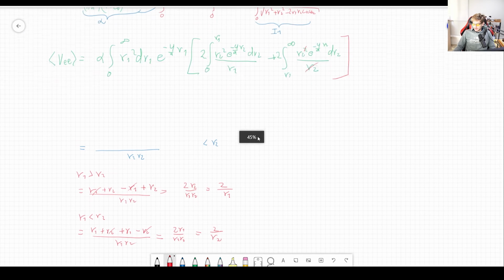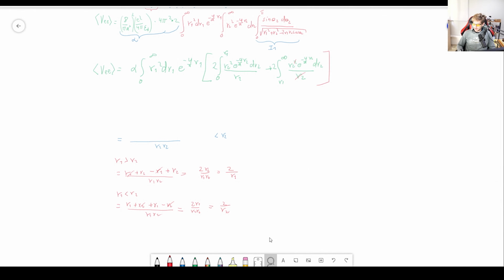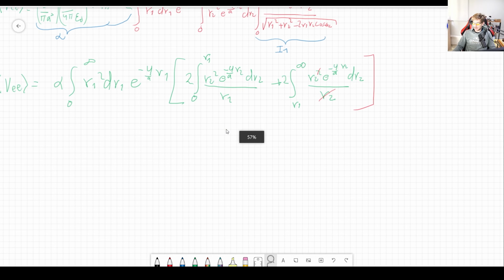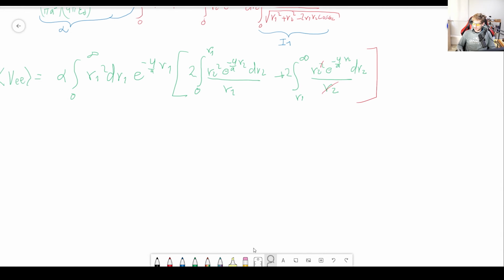Okay, so I'm gonna clear up some space here. So now we have to solve the integrals for r2. We can actually take this r1 outside for now at least, 2 over r1, since it doesn't depend on r2. So r2 squared. Okay.